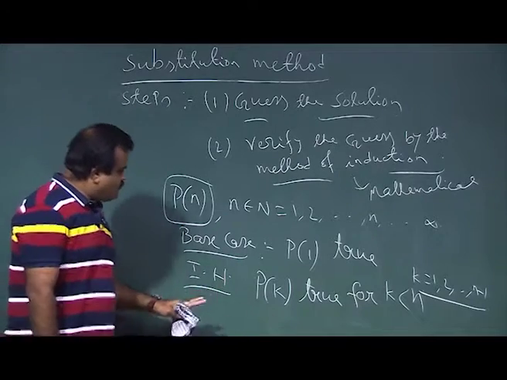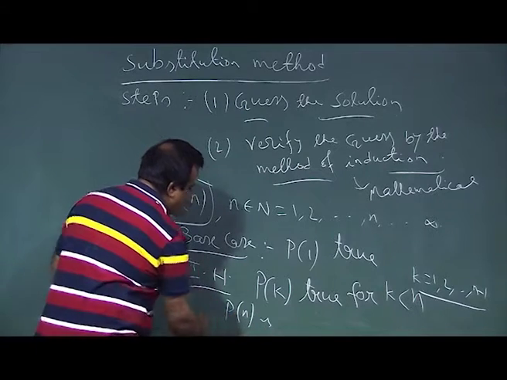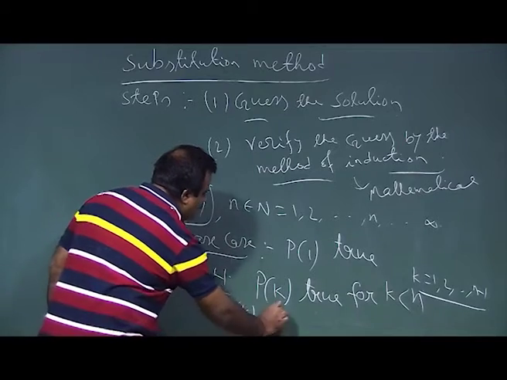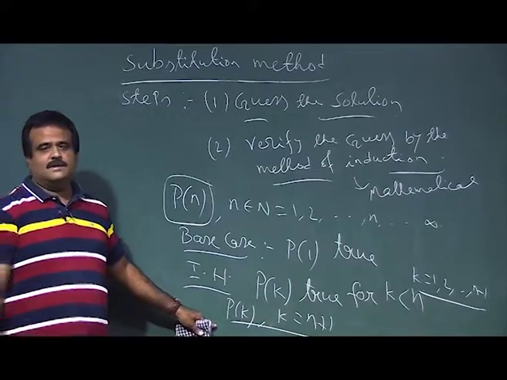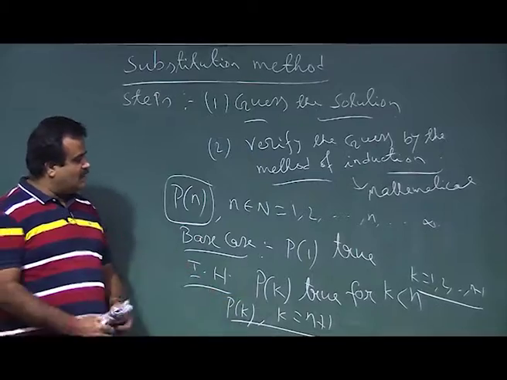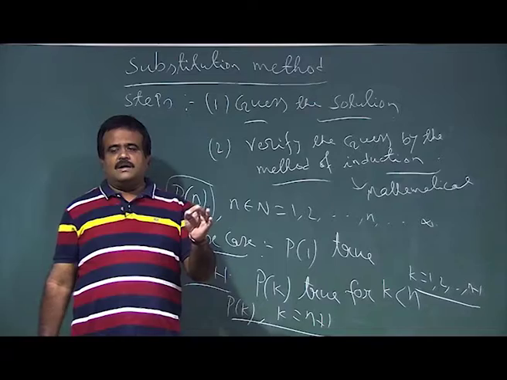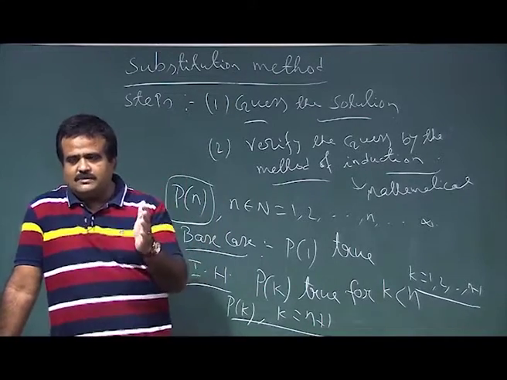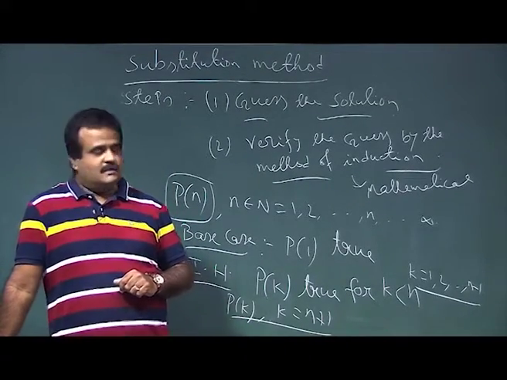Then if we can prove that P(n) is also true, then we are done. Then we have a base case, and it is true for 1. This is one version. Another version is to assume that P(k) is true for k equal to n, and then if we can prove it is true for n plus 1, then it is true for all n.